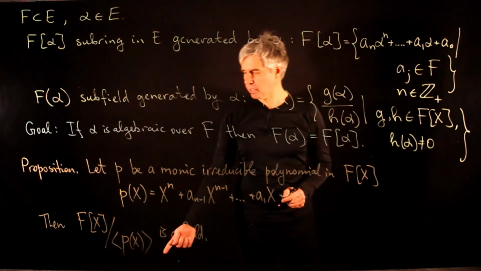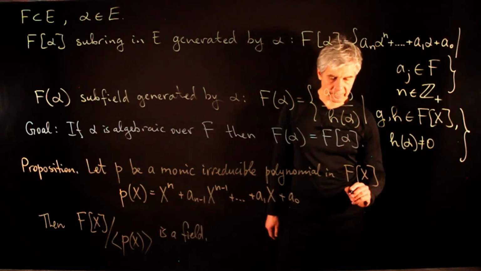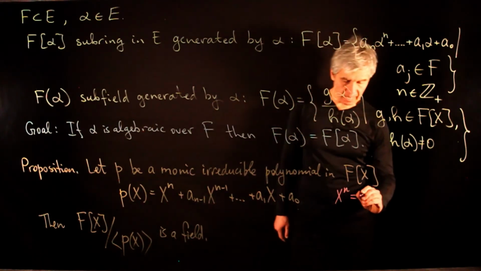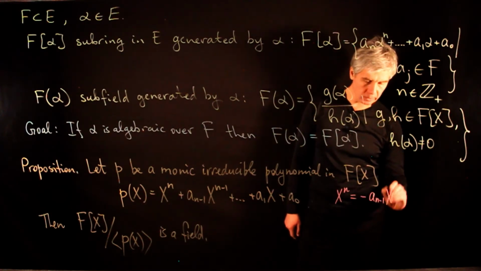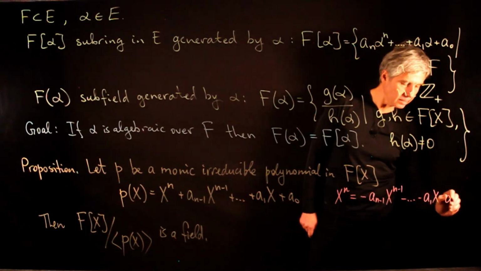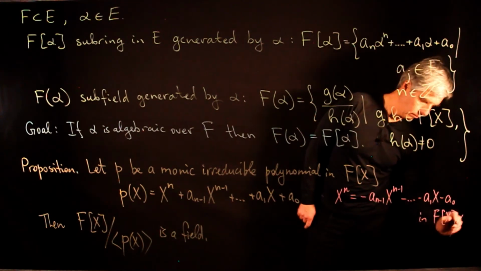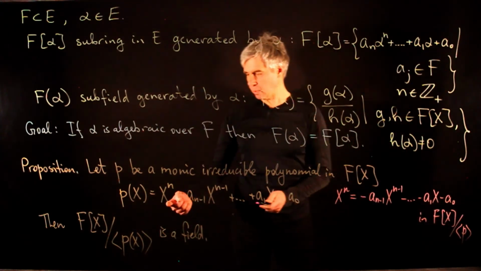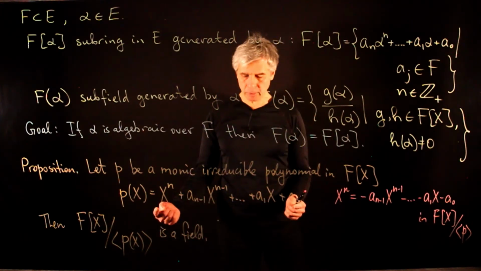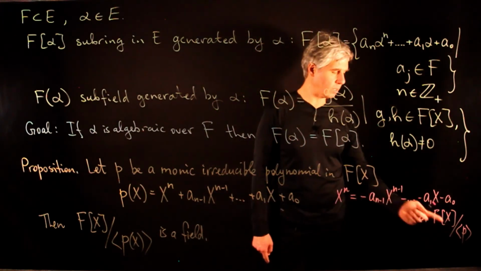Now let us try to understand better the structure of this quotient. This polynomial may be viewed as a reduction rule. So we can write that x to the power n is equal to minus a_{n-1} x to the n minus 1 minus ... minus a1 x minus a0 in the quotient, simply because p(x) is equal to 0 in the quotient. So by equating this polynomial to 0 and moving the tail to the right-hand side, we obtain this relation in the quotient.